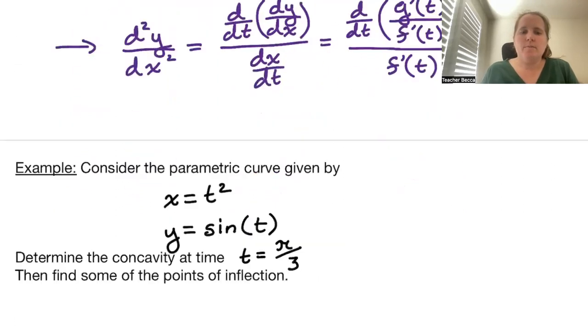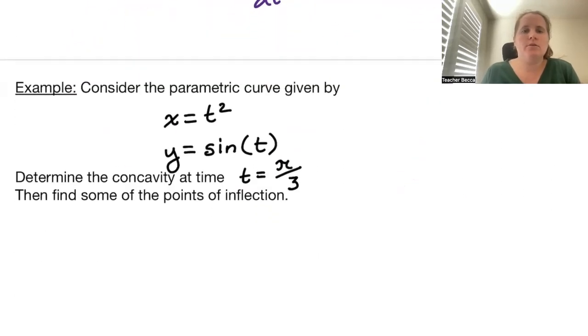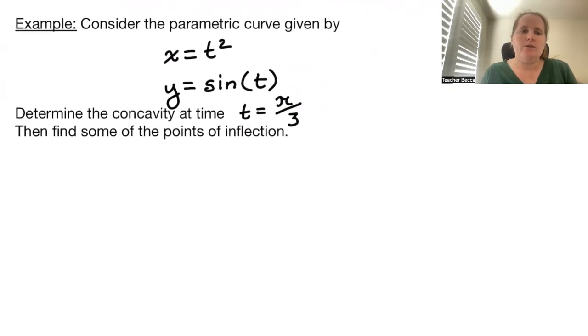So for example, let's consider the parametric curve given by x equals t squared and y equals sine of t. And our job is to determine the concavity at the time t equals pi over 3, and then find at least some of the points of inflection.